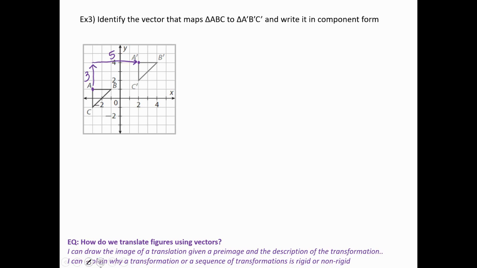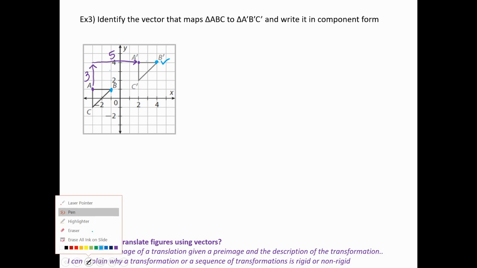Okay, so then I'm going to test the others quickly. I'm going to pick a blue, and check whether the other points match up with that same motion. So from B, I would go up 1, 2, 3, and over 1, 2, 3, 4, 5. Yep, it works.